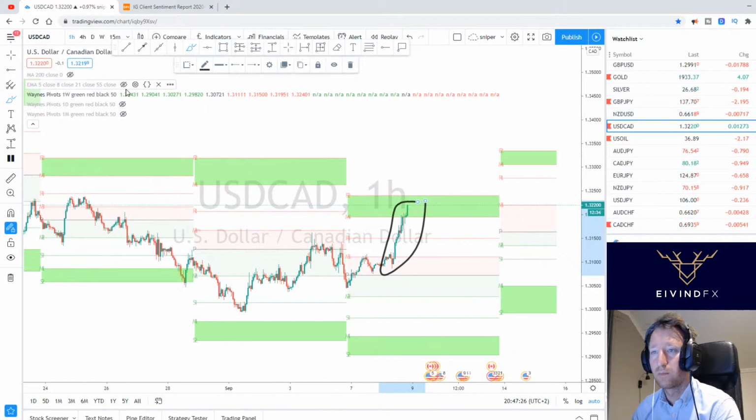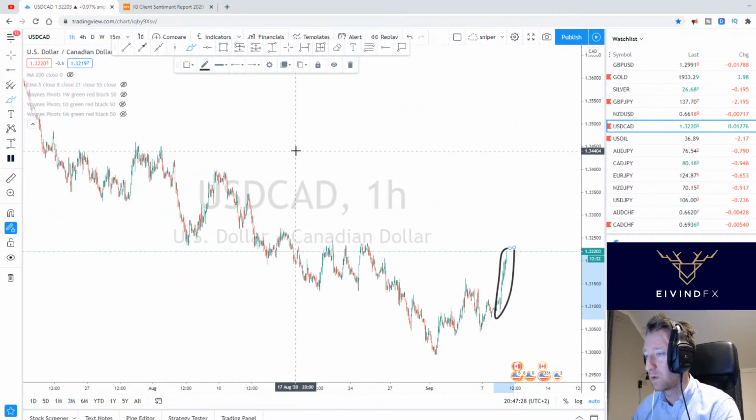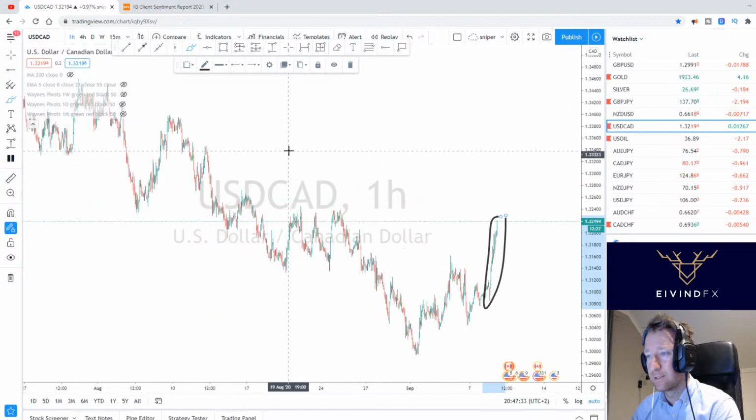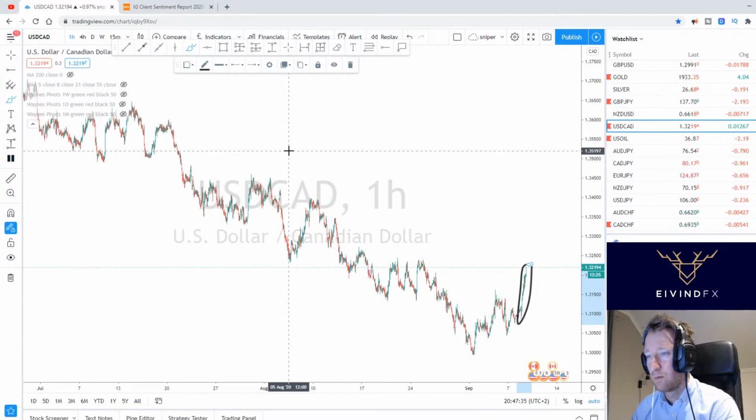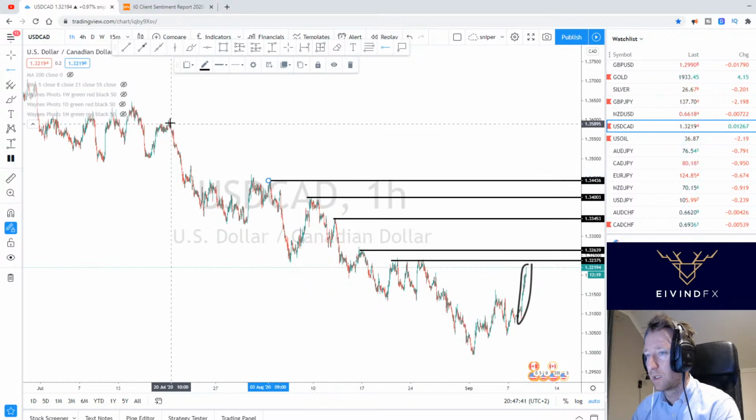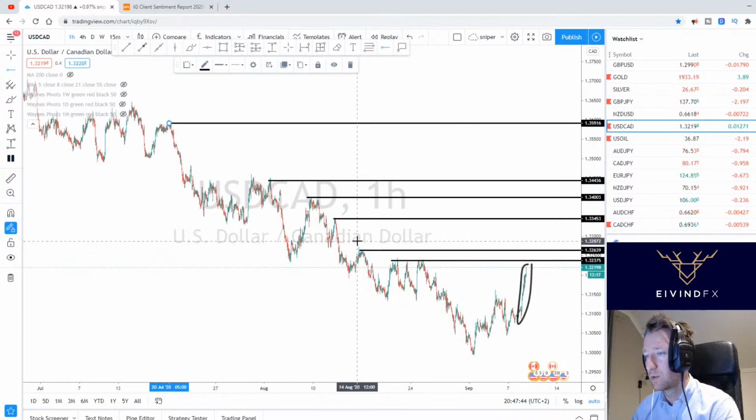What else can I say about it? It's definitely going stronger, definitely going higher, and also the further it goes, the more resistance is just going to drop in, and it's going to stop at one of them.